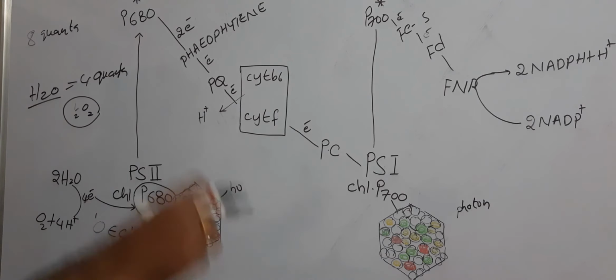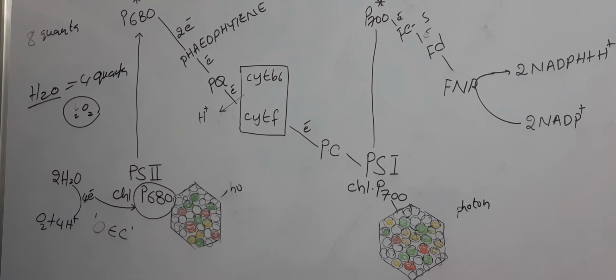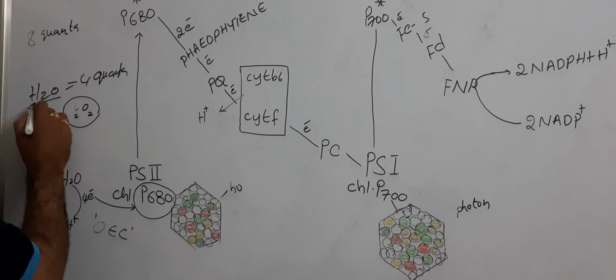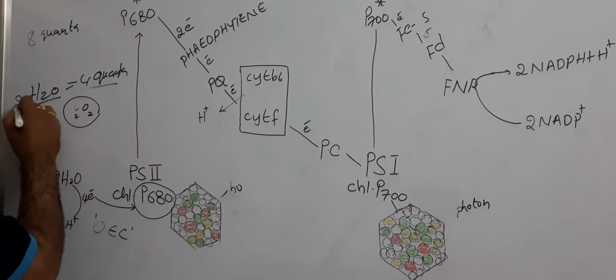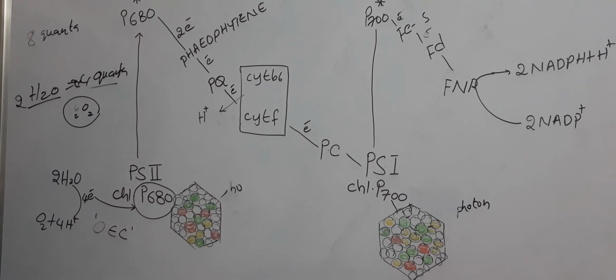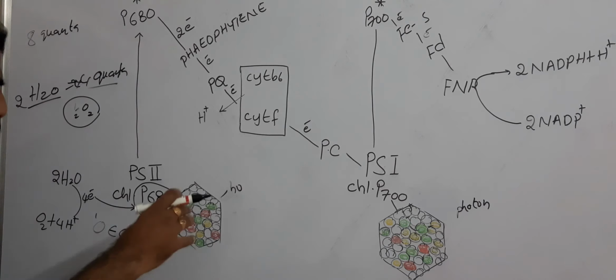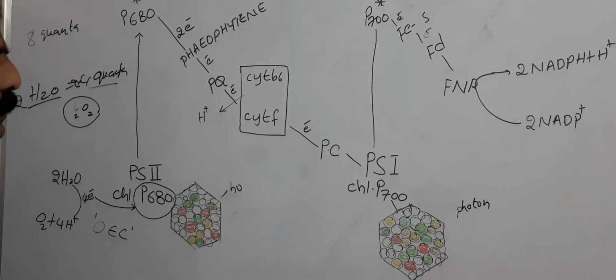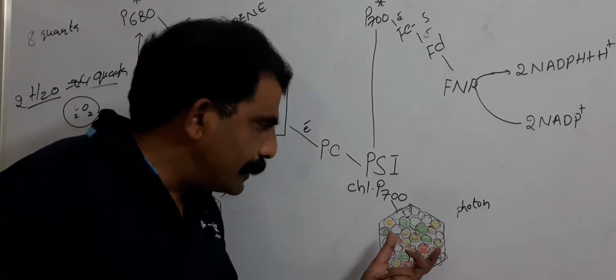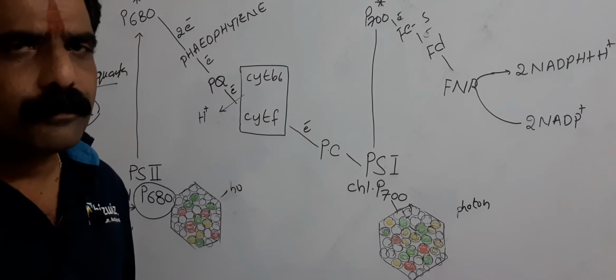To get 1 molecule of oxygen, we need 2 water molecules. So for the photolysis of 2 water molecules, we need 8 quanta. For 1 water molecule, 4 quanta. For 2 water molecules, 2 into 4, 8 quanta. Of them, 4 quanta work at the P680 and 4 quanta are needed at P700.